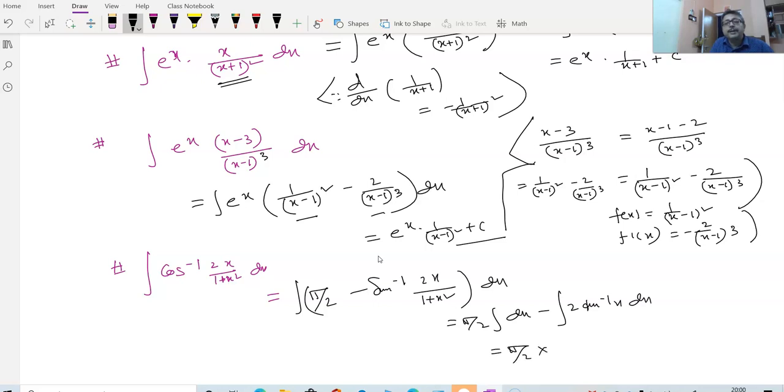So this will be pi by 2 into x minus 2 into. So it is the same type of problem where tan inverse x will be considered as the first function and 1 is there as the second function, and then use by parts.